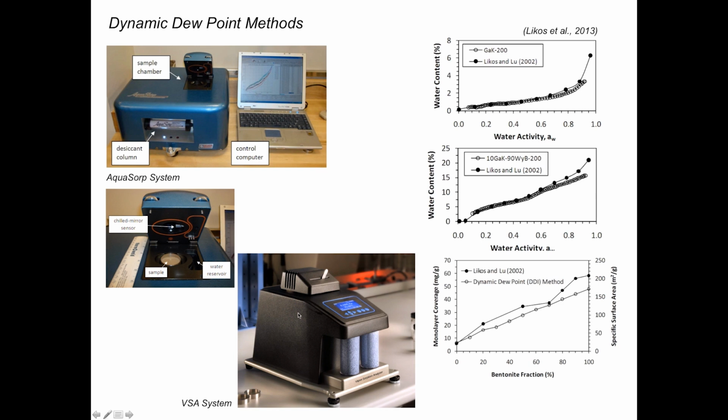And so this is the current generation VSA system that accomplishes that as well. We did quite a bit of work comparing the results of a system like this to that steady state system that I was just describing.